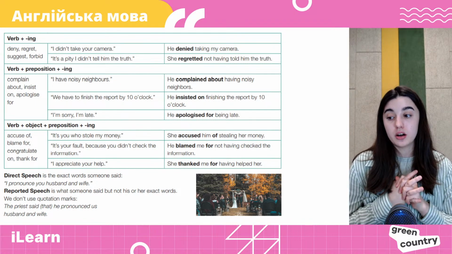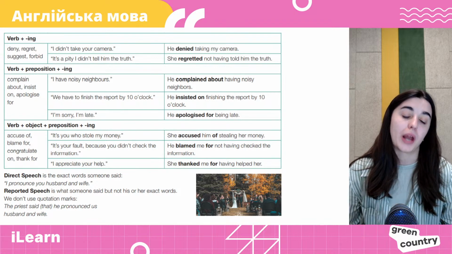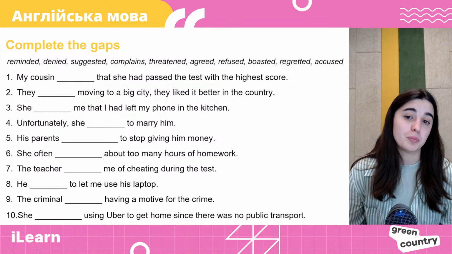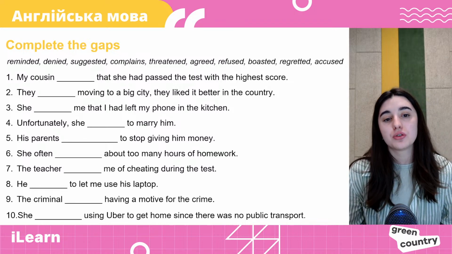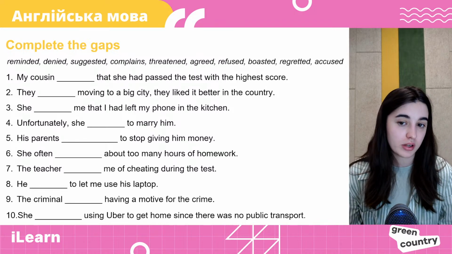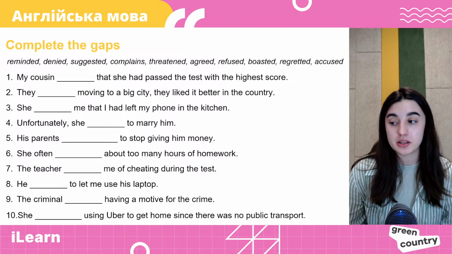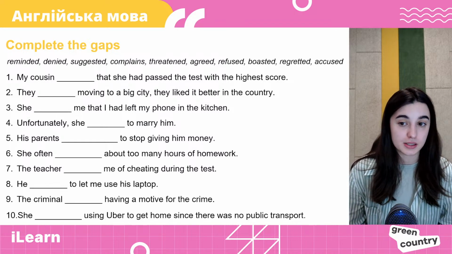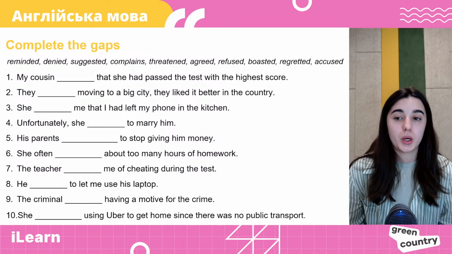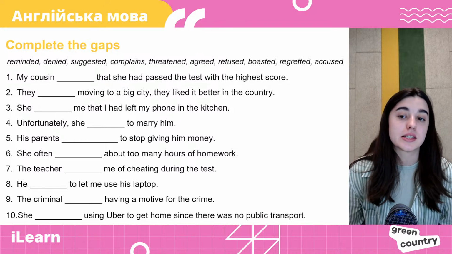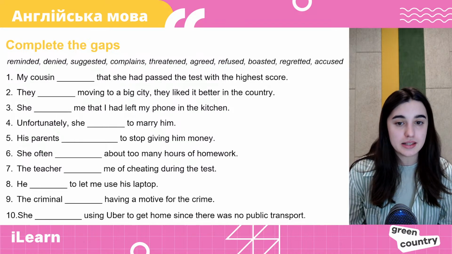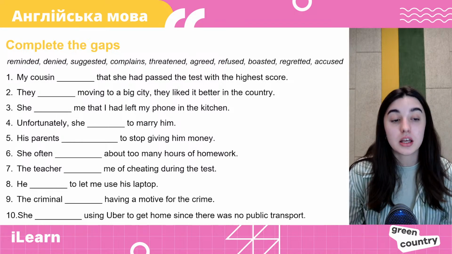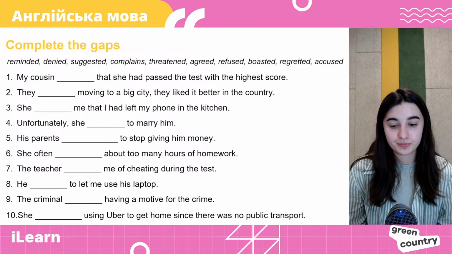Now we are going to practice these words, and some words can be new for you. And if you don't know some words, just write in the chat and help each other to translate. So now we will work with such words as reminded, denied, suggested, complains, threatened, agreed, refused, boasted, regretted, and accused.